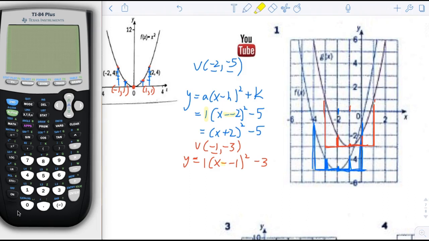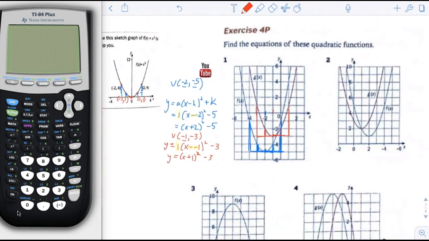Now, since we have x minus -1, we're going to simplify that into (x + 1)² - 3. Did you notice that the 1 we could just make disappear, because multiplying by 1 does nothing, so we don't need the a value of 1 there. So there is our red parabola equation, function. Okay, let's look at number 2.